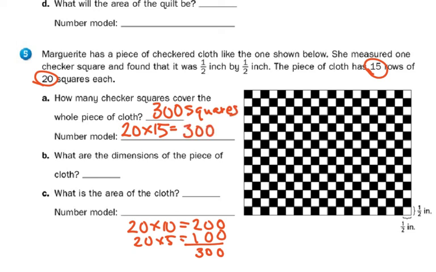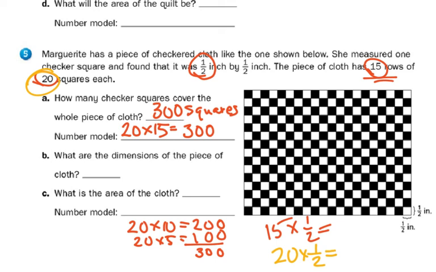What are the dimensions of the piece of cloth? In order to find the dimensions, I know that each square is 1/2 inch. So I'm going to take 15 rows times 1/2. And then the other one is 20 squares times 1/2. And that will give me the length and width.